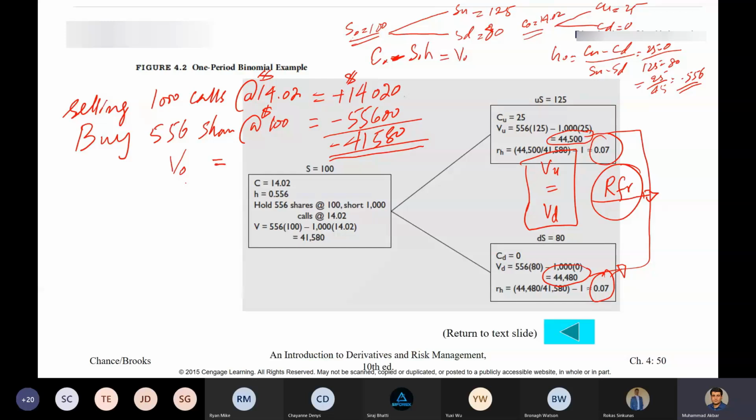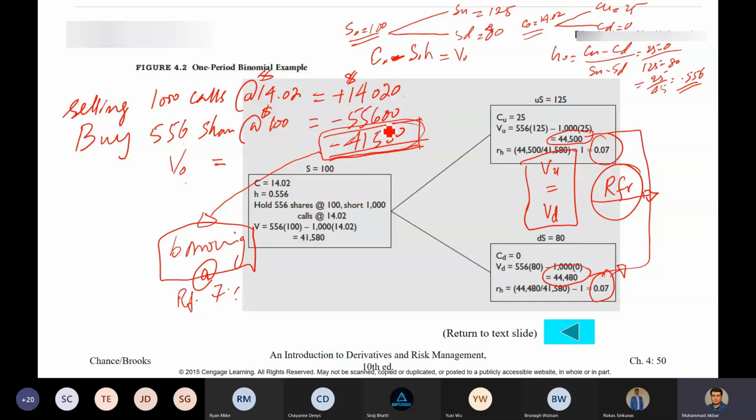The next thing is that to invest in the hedge portfolio, to buy these 556 shares, what does the dealer need? The dealer needs to invest $41,580 in this portfolio, which has a certain payoff. This money, the dealer may be borrowing. And if he or she is borrowing this money, the rate of borrowing, we assume, is the risk-free rate, that is 7%.